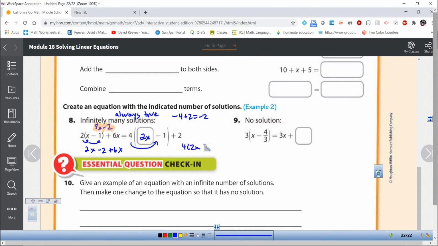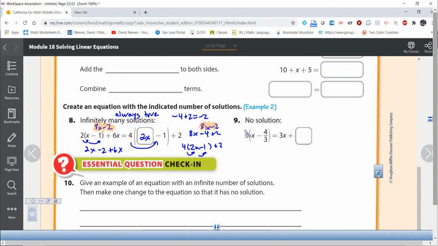If I apply the distributive property, I would get 8x minus 4 plus 2, and then combining like terms, I would get 8x minus 2. So my right-hand side equals my left-hand side, so it has infinitely many solutions.